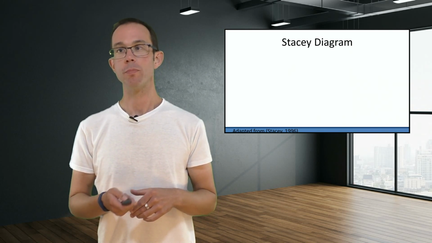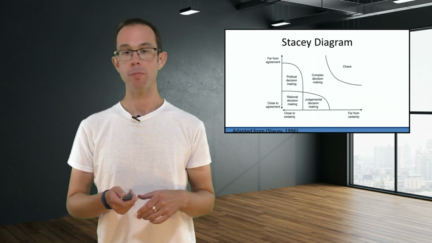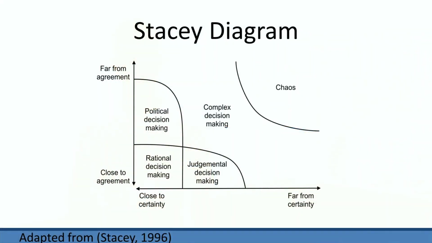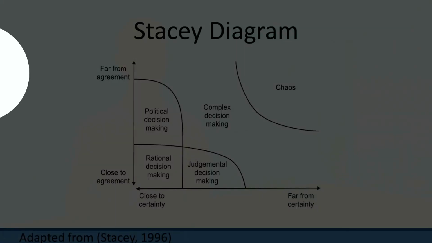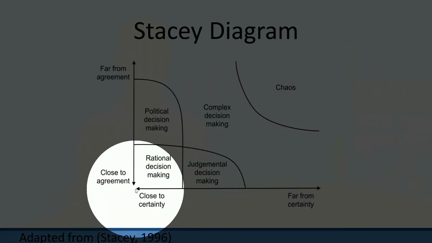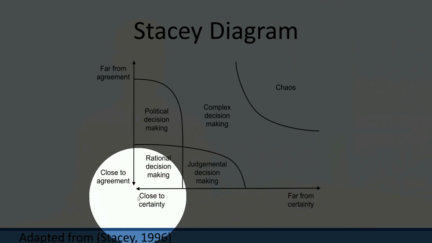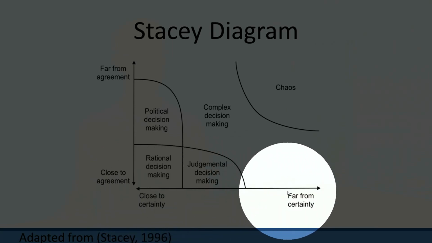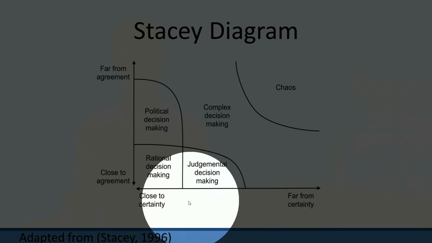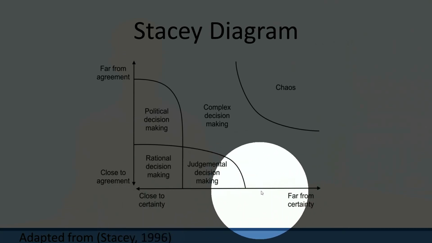And broadly, the diagram looks like this. So you can see we've got a couple of axes here to concern ourselves with. On the bottom, we've got how close or far from certainty experts are on how we can solve a particular issue or problem.